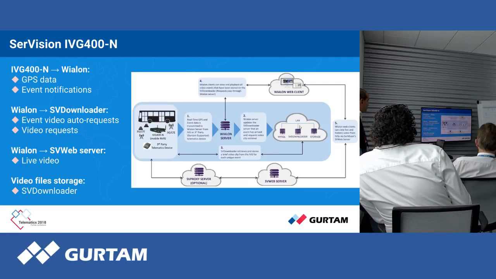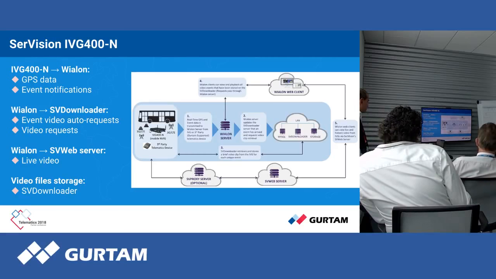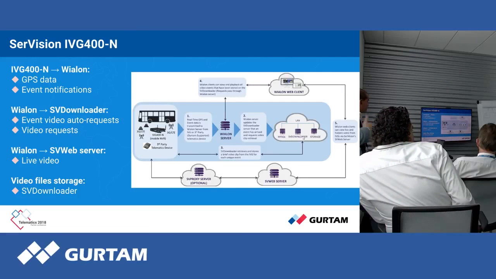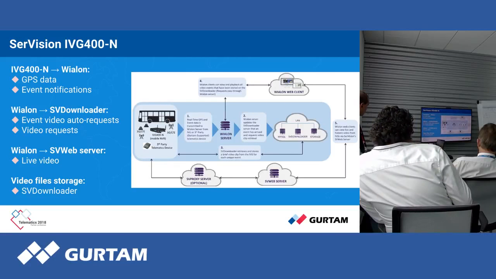And the SV downloader server sends the request to the device itself. And pay attention to the following. The device sends the requested video file back to the SV downloader server, not to the Wialon server. And as the SV downloader server is installed somewhere on your own personal computer or in the cloud, it means that you receive this file and you can store it as long as you need.